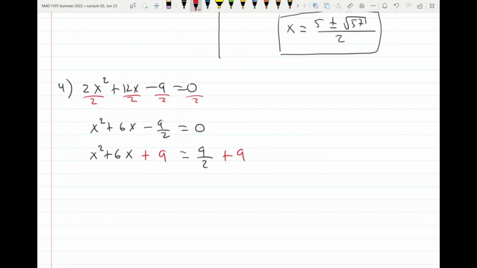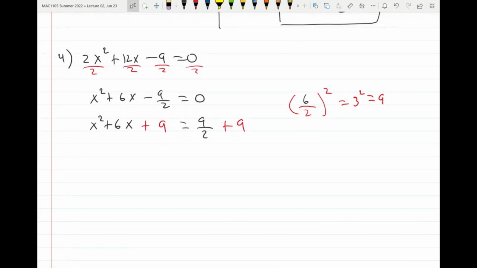Everybody okay? Do you know where the 9 is coming from? It's right here. What we're doing is, we're taking the 6 and then we're dividing it by 2 and we square it. Remember, that's the process, okay? So that's 3 squared, which gives you 9. So the left becomes x plus 3 squared.